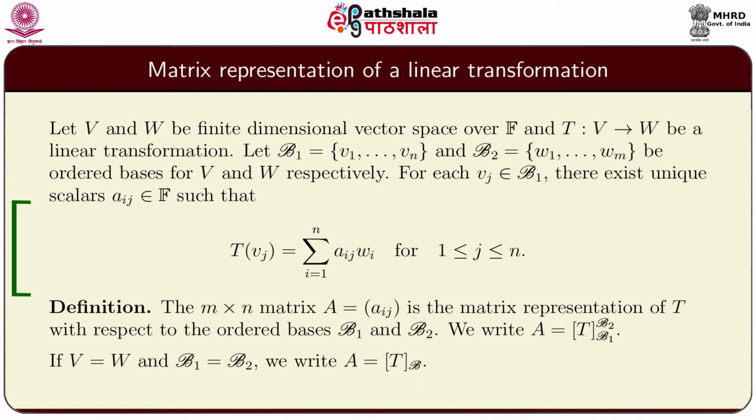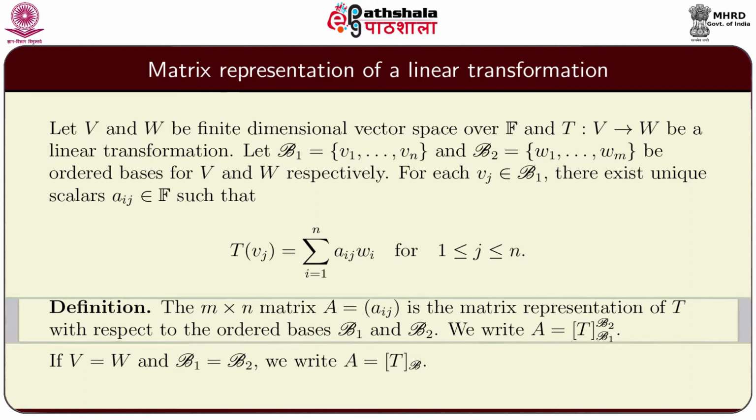That is why we use this double indexing for the scalars and write them as aij's. Therefore, we have m into n many of them.